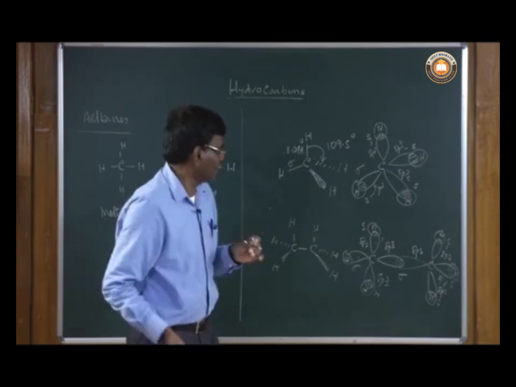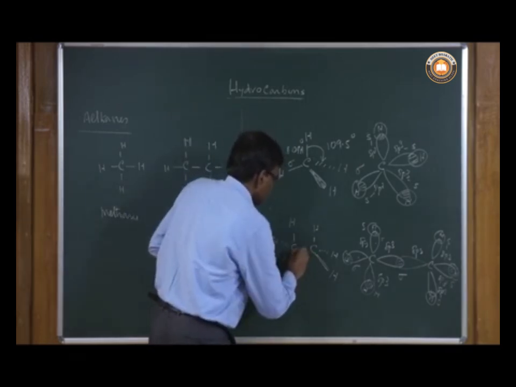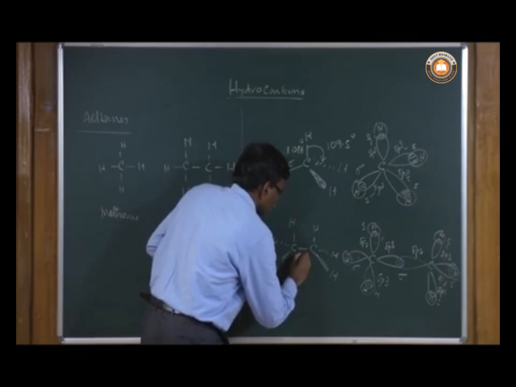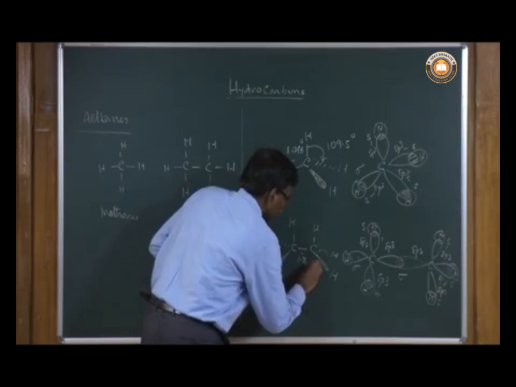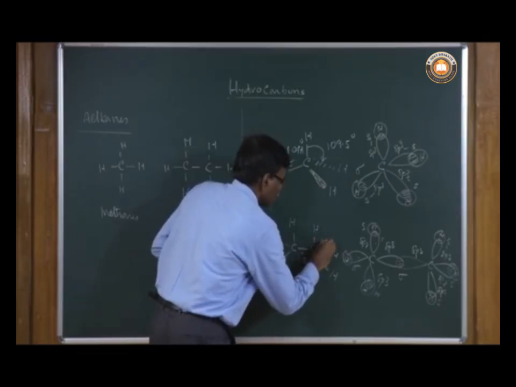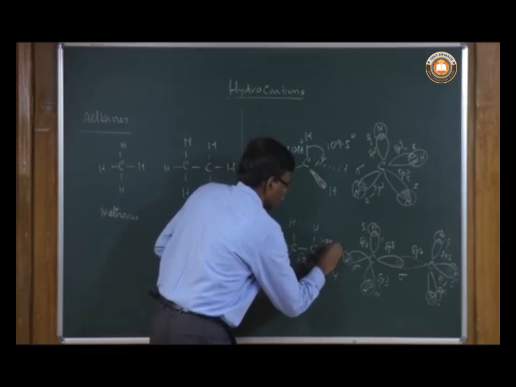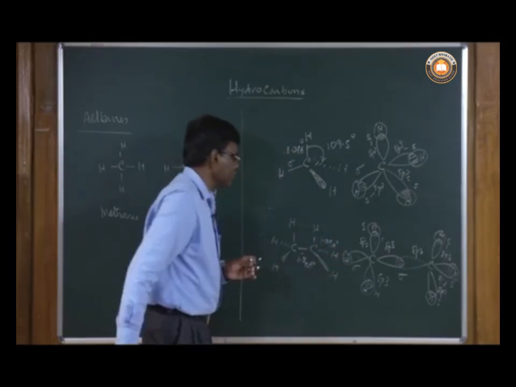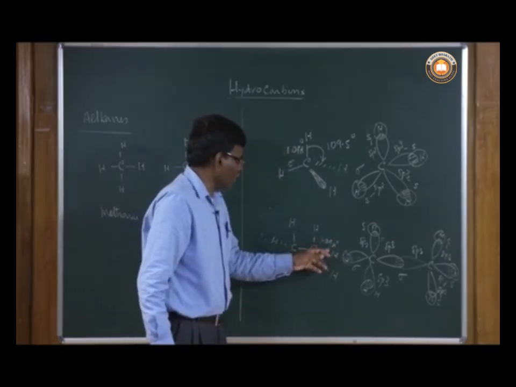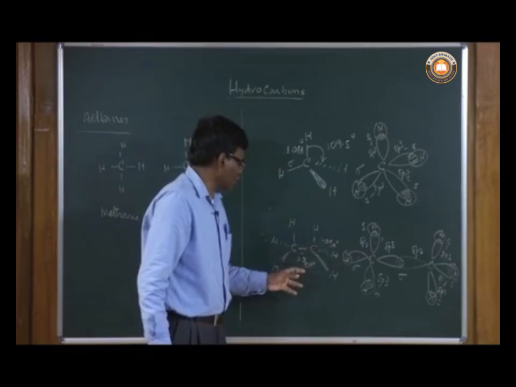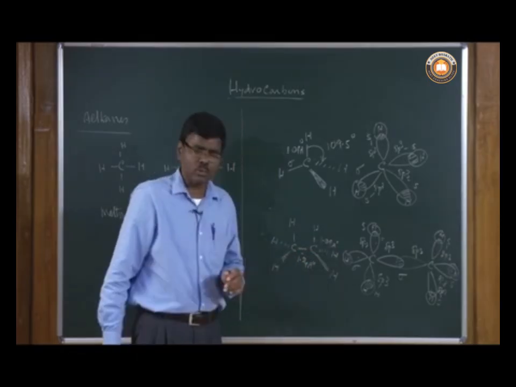Similarly, this one. The bond length between these 2 carbons is 1.54 Angstrom. This is 1.09 Angstrom. So, the carbon-hydrogen bond length is 1.09 Angstrom, and the carbon-carbon bond length is 1.54.